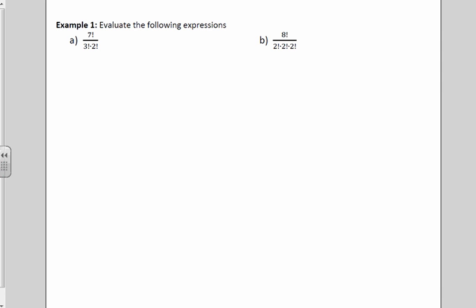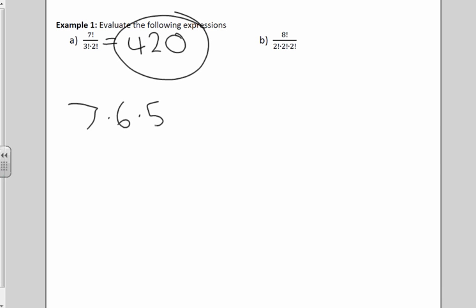Okay, so what did you guys get for A? 7 factorial over 3 times 2 factorial. 420? Okay, so 420. Of course, you can simplify this.